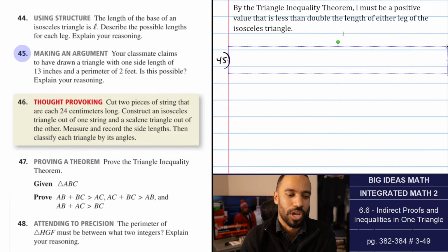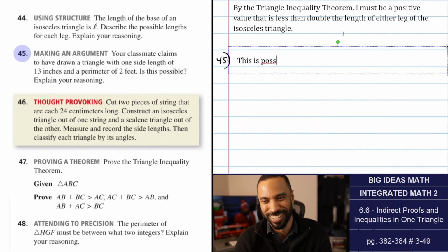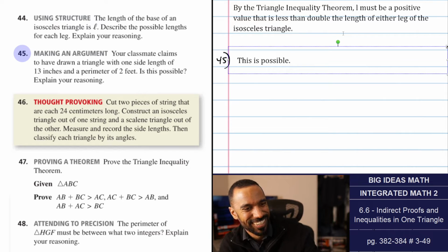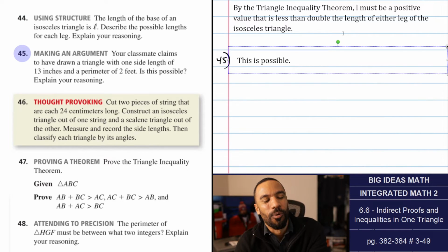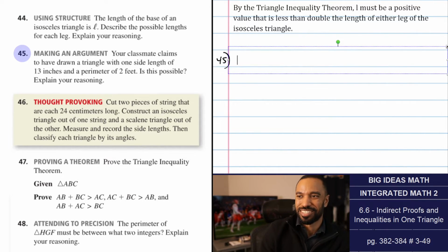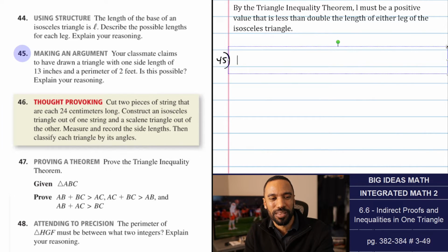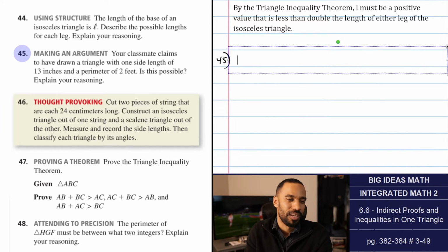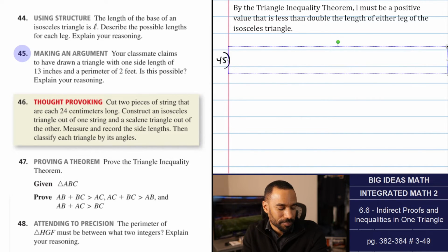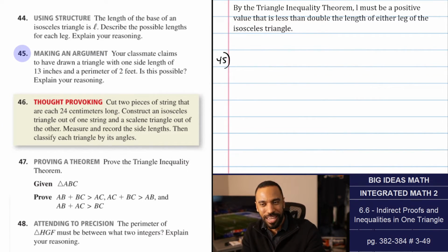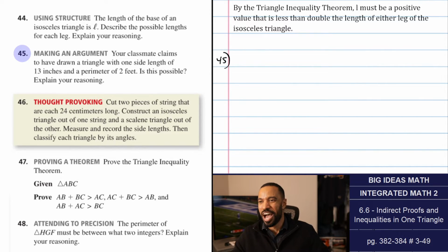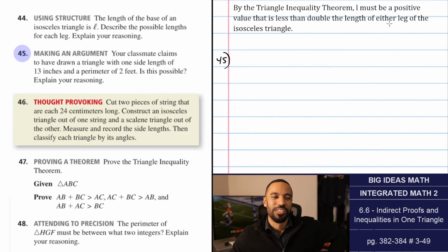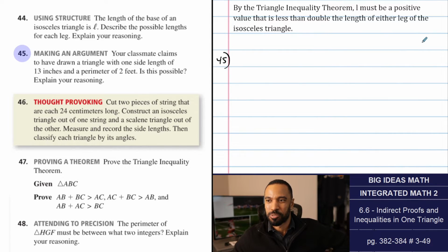Okay, so this is possible. Well, actually, hold on. Let's check on this here. 13 and 2 feet. Yeah, this is possible. Let's check on this. I'm sorry about that. All right, 2 feet. Actually, this might not be possible.